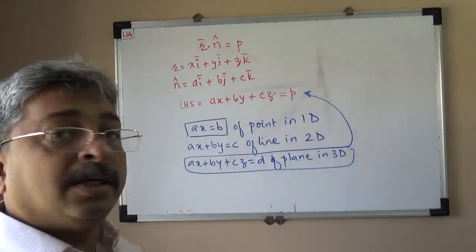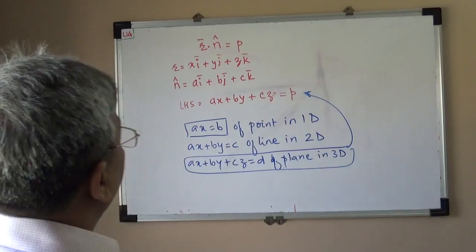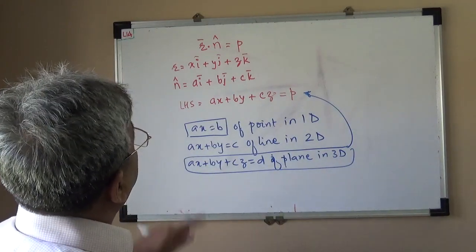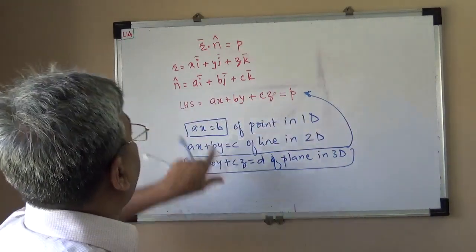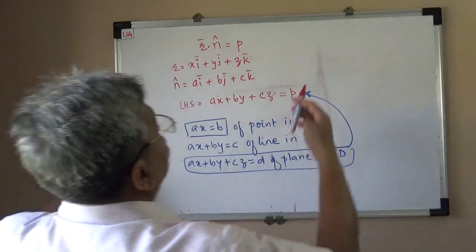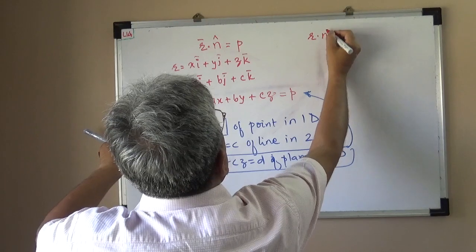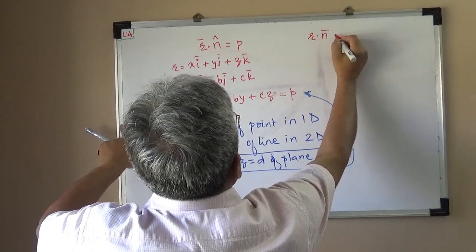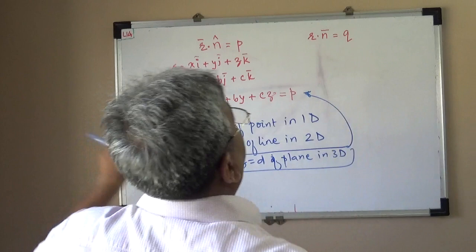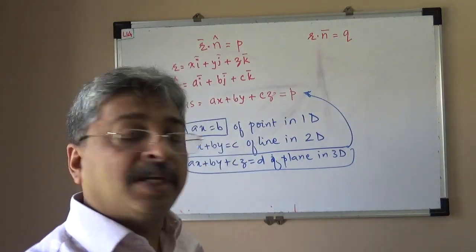Because we have taken n as a unit vector, we have got this equation in terms of p. Otherwise, if r dot n, with n any general perpendicular vector, is equal to q, and q is not the distance from origin, it is a real number.